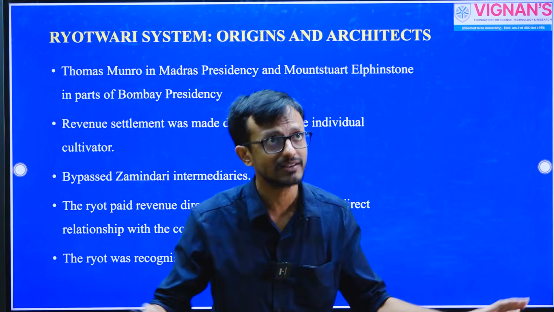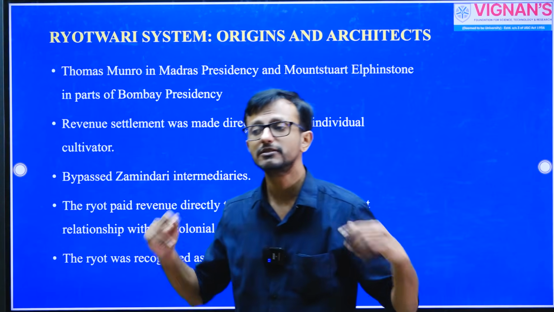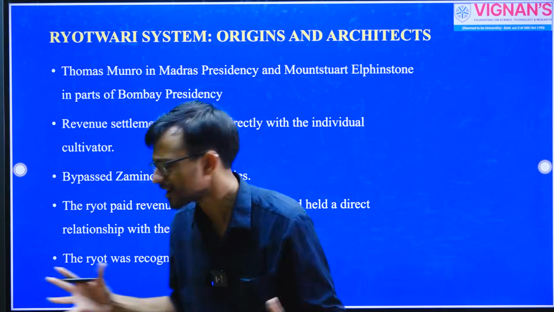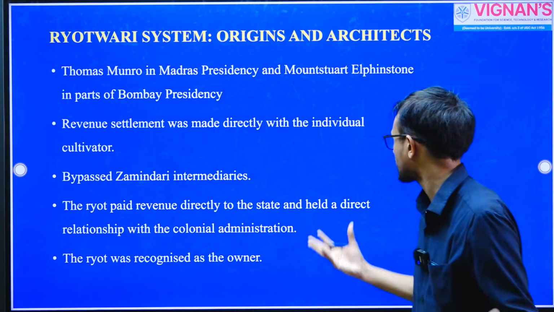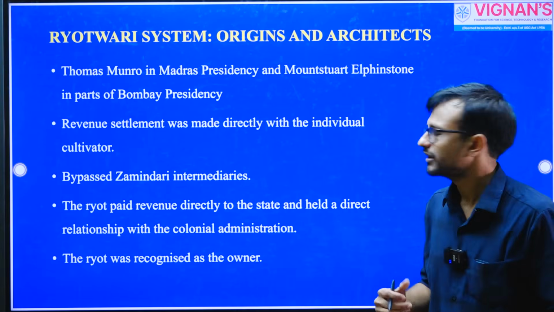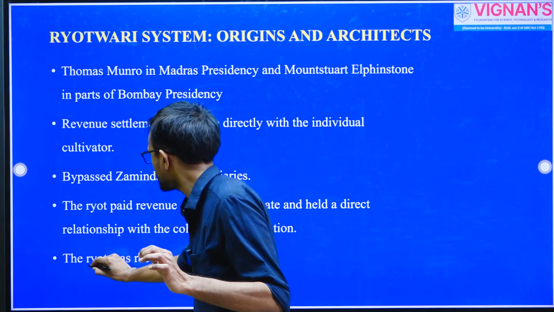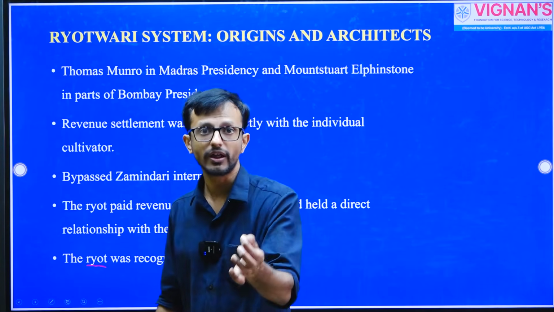There shouldn't be any intermediaries, there shouldn't be any middlemen, and the state only has to collect taxes from the peasants directly. So that is how the Ryotwari settlement was implemented in the Madras presidency, and the Ryot, who is also the peasant, will be the owner of the land.